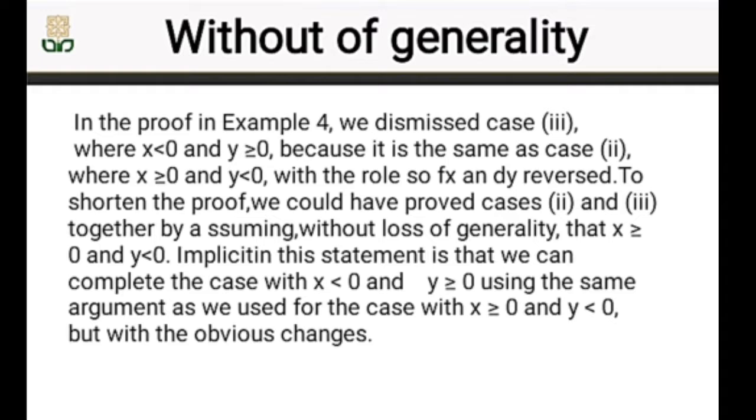Implicit in this statement is that we can complete the case with x less than 0 and y greater than or equal to 0 using the same argument as we used for the case with x greater than or equal to 0 and y less than 0, but with the obvious change.